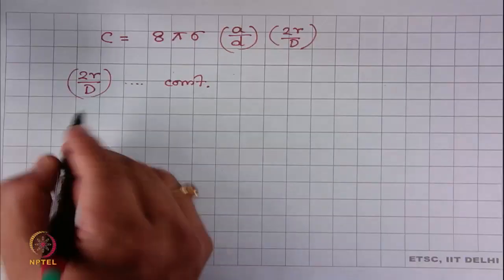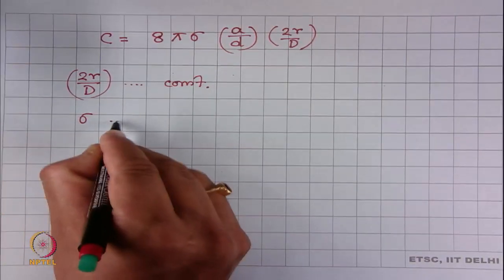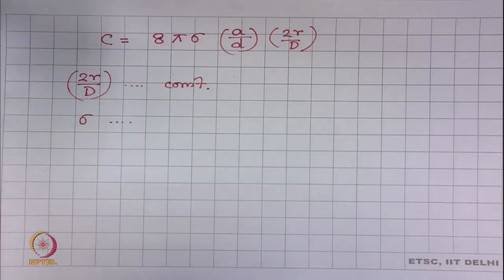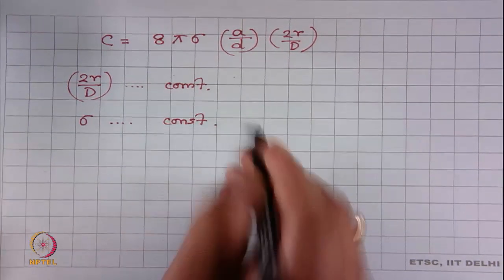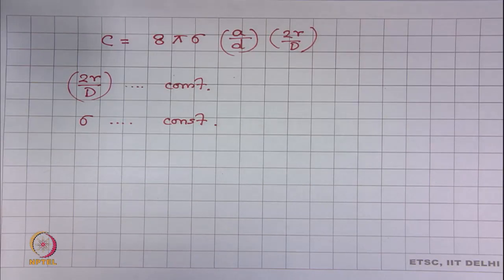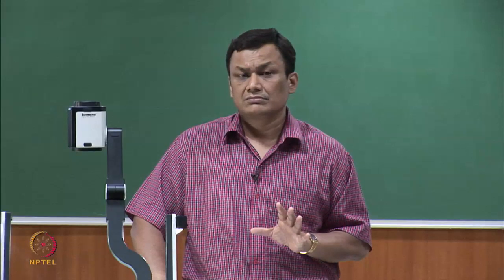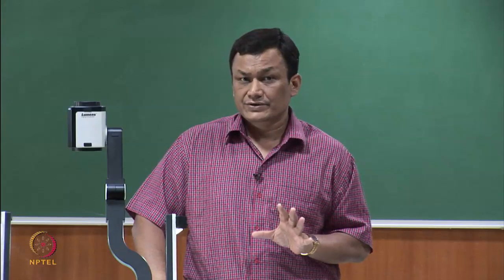Okay. Sigma is the axial stress in yarn cross section. Axial stress in yarn cross section can also be a constant, because the centrifugal force in spinning is perhaps the same. So, sigma can also be considered to be a constant.